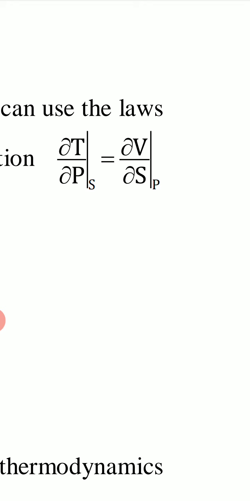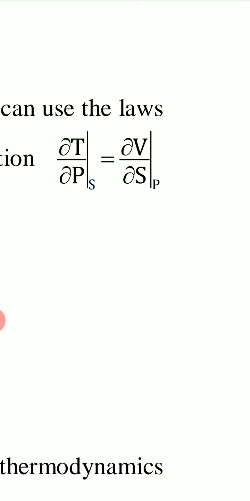In left hand side, it is partial differentiation with respect to P, and in right hand side it is partial differentiation with respect to S. So when we have partial differentiation with respect to P, we write S constant, and when we write partial differentiation with respect to S, then we write P constant.